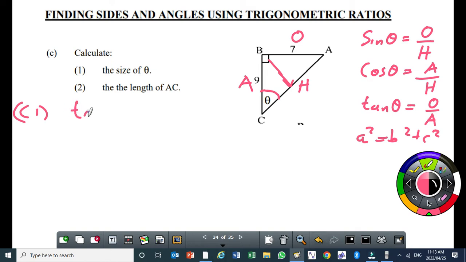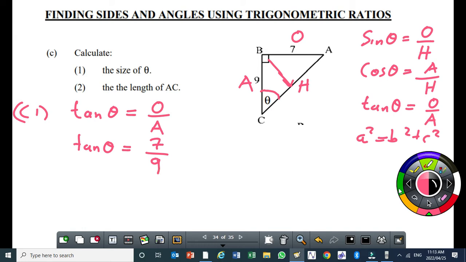So this means tan theta is equal to opposite over adjacent. Right? And then this becomes tan theta is equal to the opposite, which is 7, over the adjacent, which is 9. Are you following that? Yes.